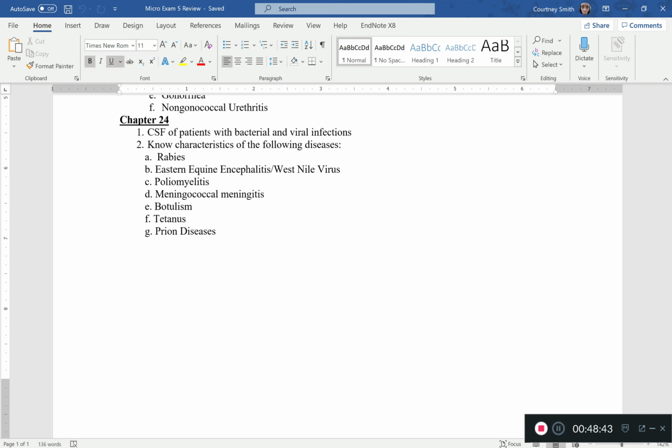And also bacterial infections are generally considered a medical emergency, and you need to treat that patient very quickly because a lot of times it can result in death. Whereas viral is not considered a medical emergency, and a lot of times it is self-resolving, so you can just provide supportive care. Okay, so with that, let's go ahead and talk about those diseases and the hallmarks of them, and then that will wrap up our review.